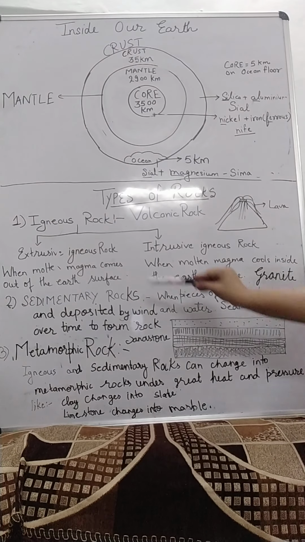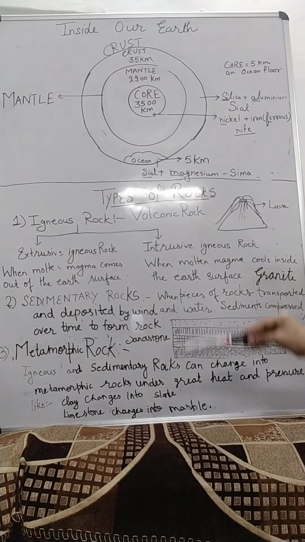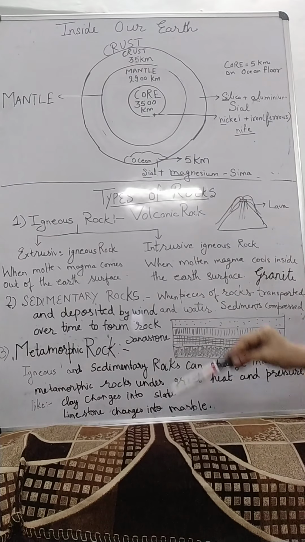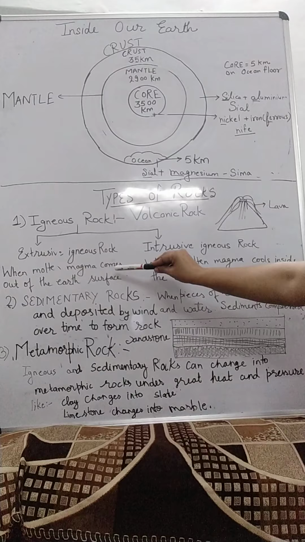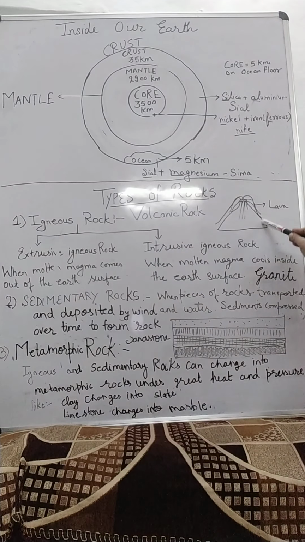There are two types of igneous rock: extrusive igneous and intrusive igneous. Extrusive, as the name suggests, is when molten lava magma comes out of the earth and cools down.